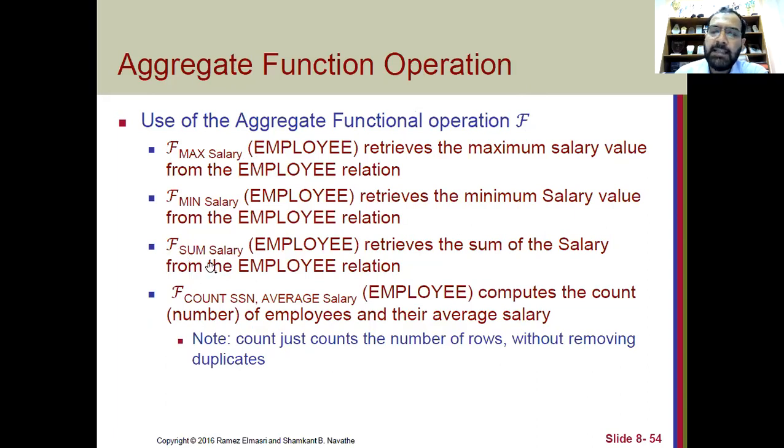Similarly, the sum of salary will retrieve the sum of the salary from the employee relation. And similarly, the count or the average function, whenever applied on the employee, will compute the number of employees as well as the average salary of the employees. Let's suppose we have 12 employees and the average salary of employees is, let's suppose, 20K.